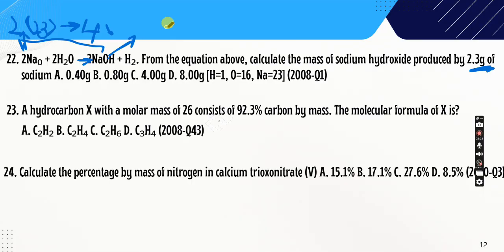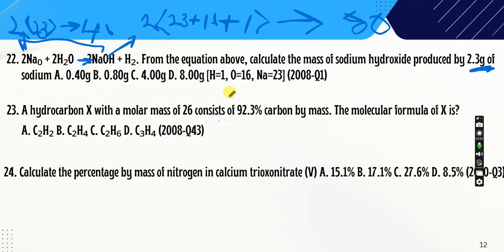A mole of sodium hydroxide is 23 plus 16 plus 1. So everything will be 40 that way. But we have 2 moles, so everything will amount to 80.